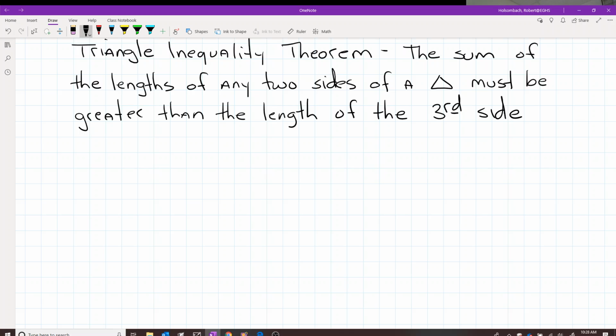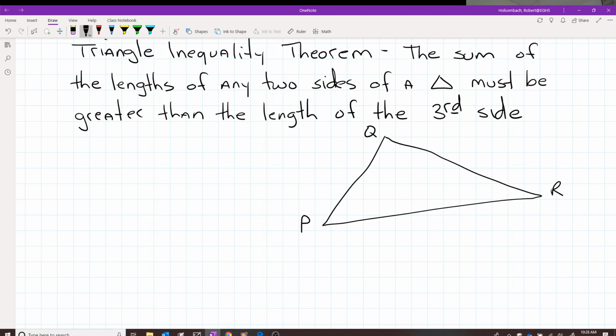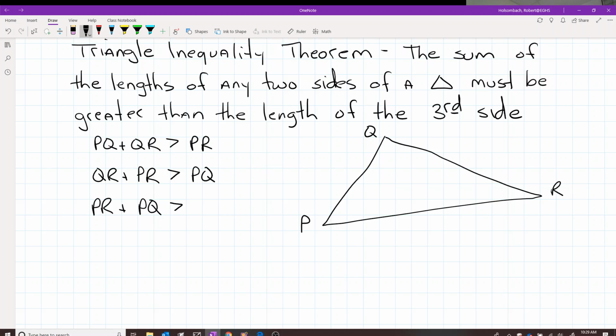So if you draw a triangle on your paper and label it PQR, the theorem would mean that side PQ plus side QR must be greater than side PR, and side QR plus side PR must be greater than side PQ, and side PR plus side PQ must be greater than side QR.